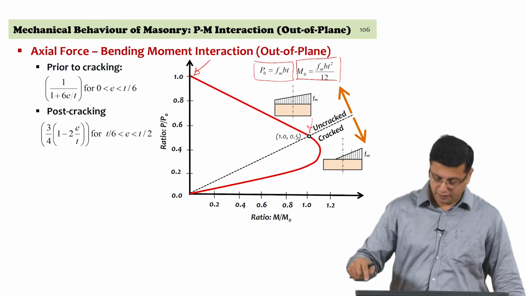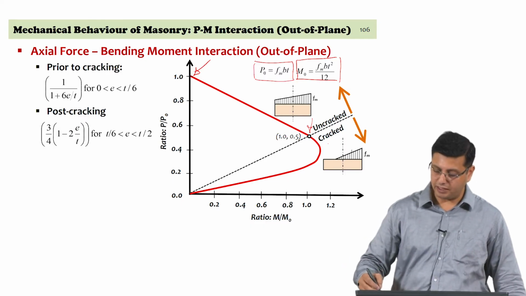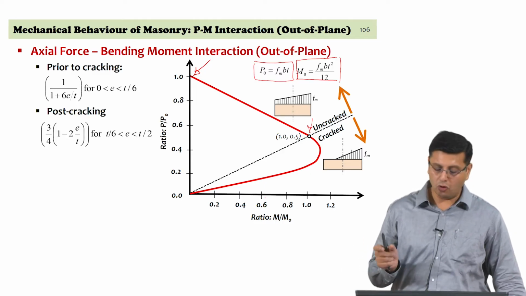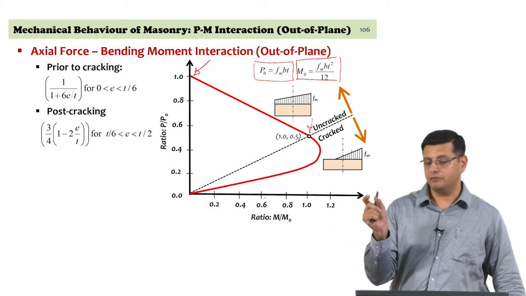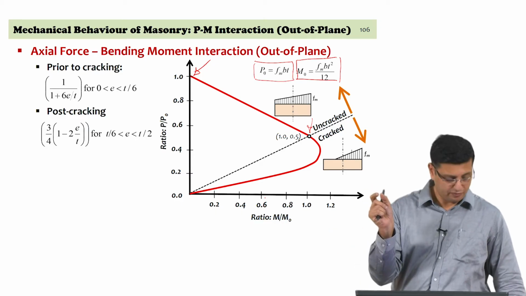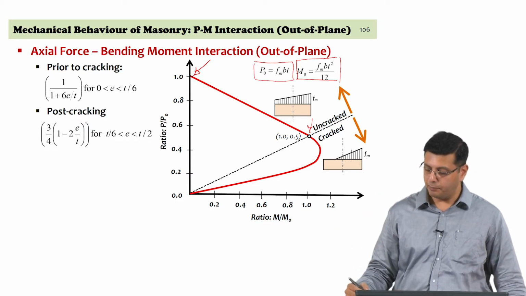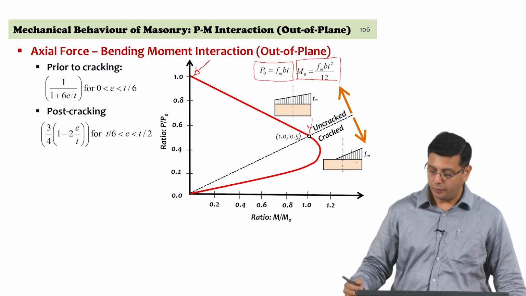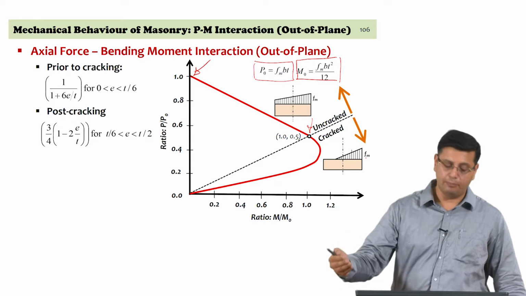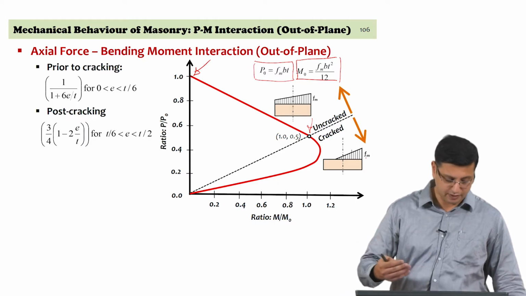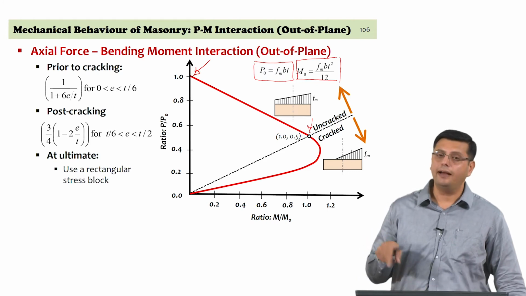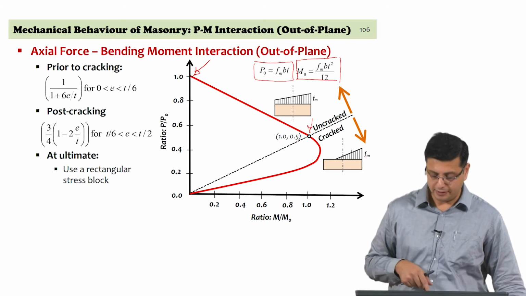So, you can then estimate the moment capacities for the remaining section, but as you go close to a section which is very small in comparison to the thickness of the cross section, you can assume that when the compressive stress approaches the compressive strength of masonry, a rectangular stress block is present for the ultimate condition, and that is what is going to give you the moment capacity in the wall and the axial load capacity.